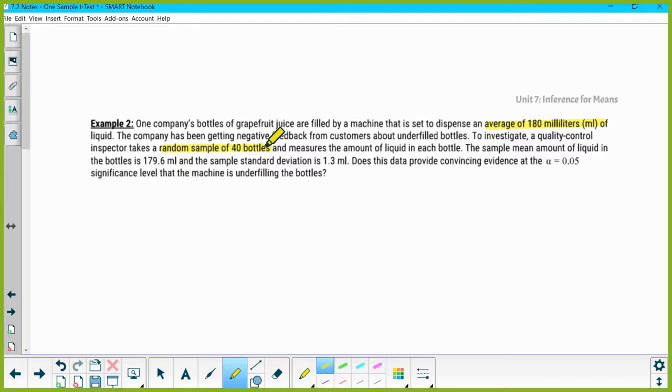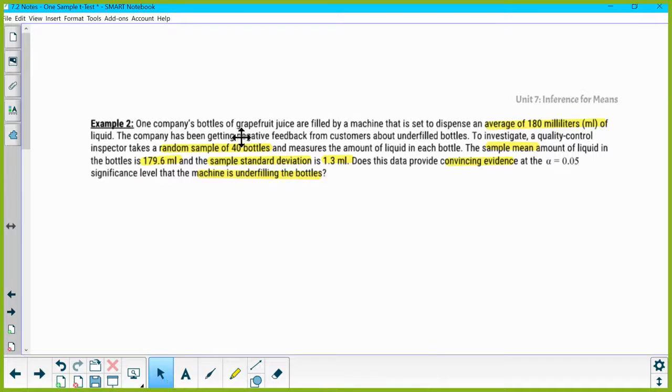The sample mean amount of liquid in the bottles is 179.6 milliliters and the sample standard deviation is 1.3 milliliters. Does this data provide convincing evidence at the alpha equals 0.05 significance level that the machine is underfilling the bottles? So, I got a lot of information from this question.